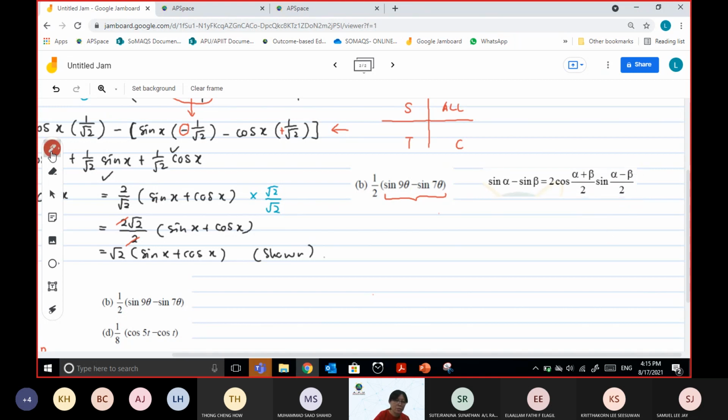So what should I do? For inside the bracket, we use this one. So the 9 theta is alpha, then 7 theta is beta. Try to substitute into the formula. That is 2 cos, then (9 theta plus 7 theta) divided by 2, sine, then (9 theta minus 7 theta) divided by 2.